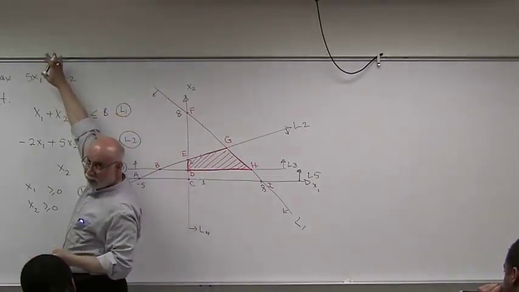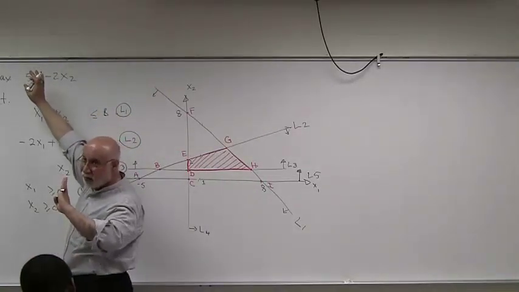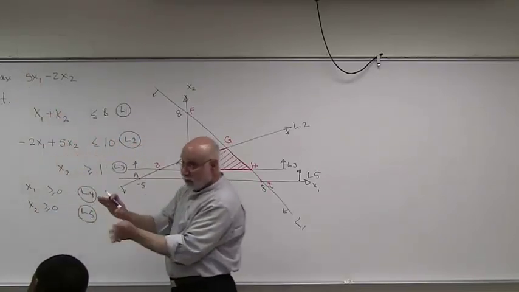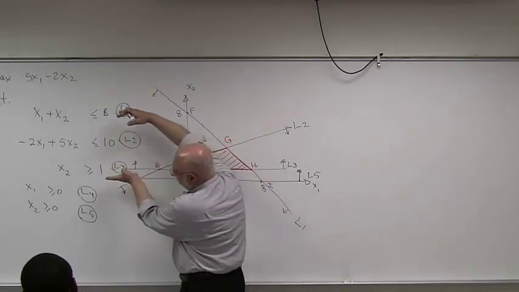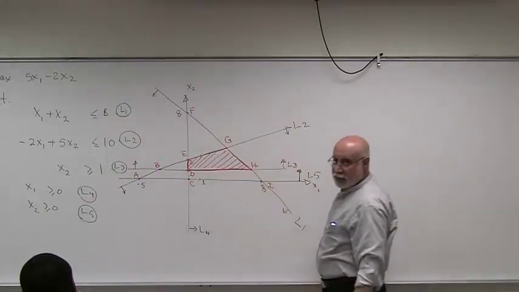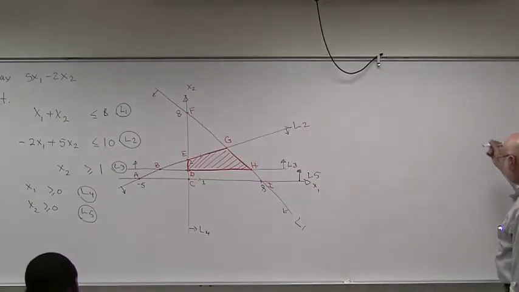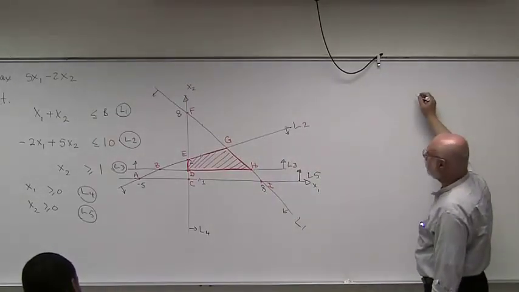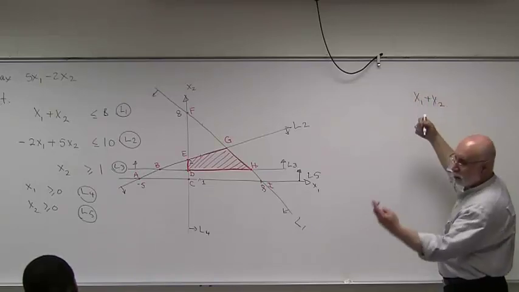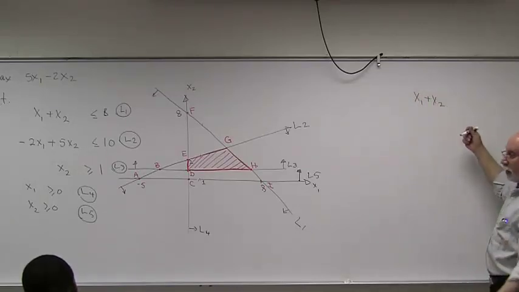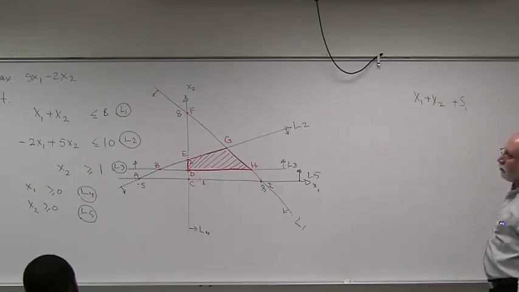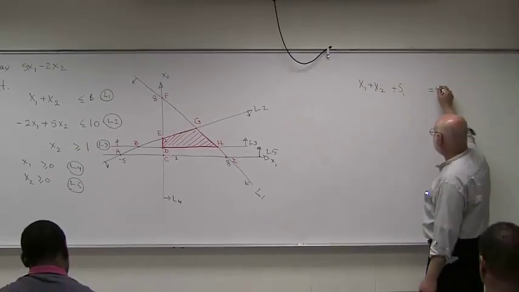The non-negativity constraints are not of interest for a moment. So we look at x1 plus x2, and when we change it into standard form, we add a slack variable to it, equals 8.